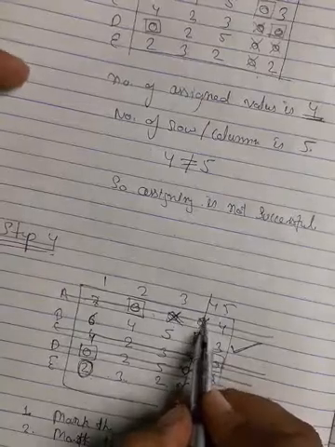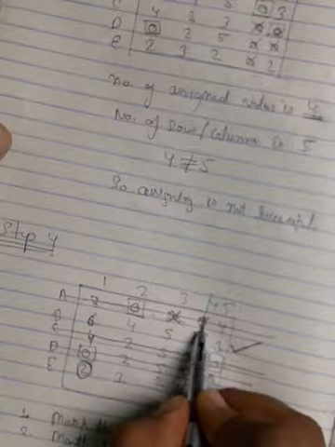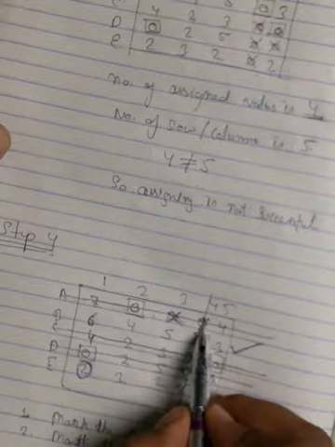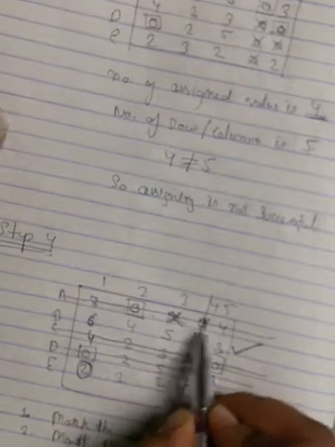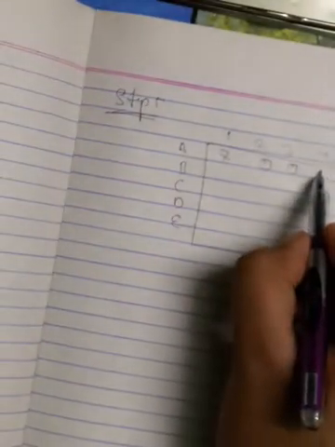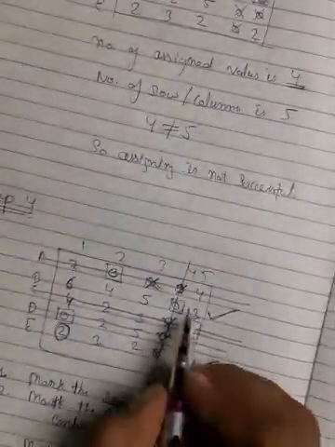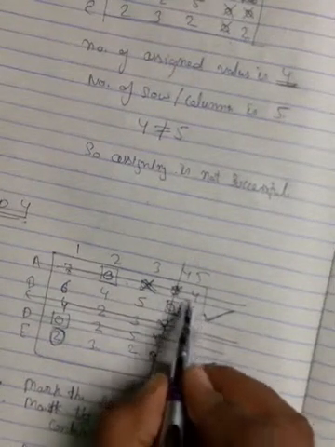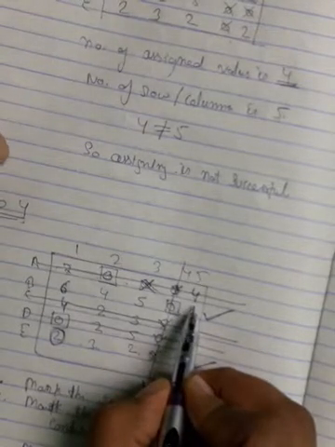Now in the fourth column, the first element, since it is an intersection part, I have to add the minimum value here. So 0 plus 2, it is 2. Now again here in the fourth one, it is 4, it just cancelled out, so I have to write the element as it is.